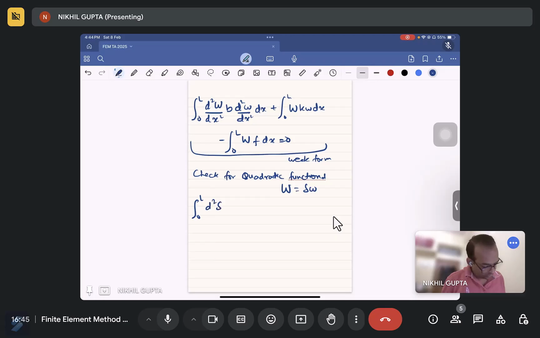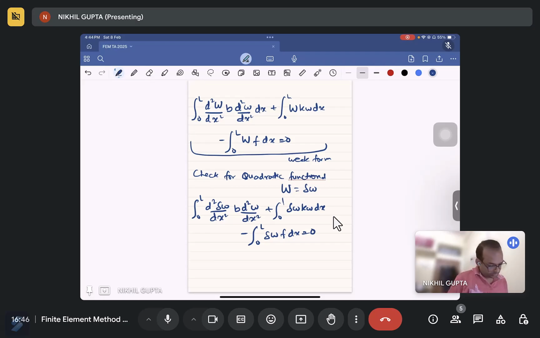Integral 0 to L of d2 delta W by dx square times B d2 W by dx square, plus integral 0 to L of delta W k W dx, minus integral 0 to L of delta W f dx is equal to 0.